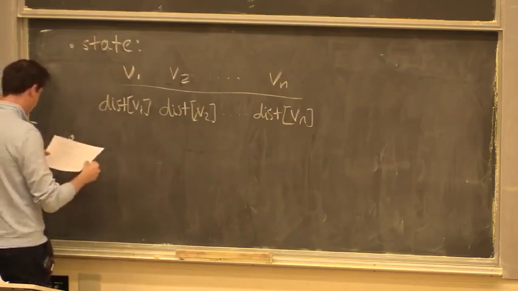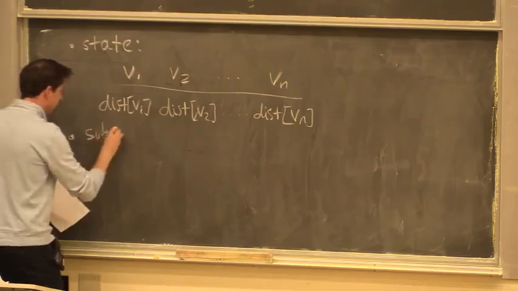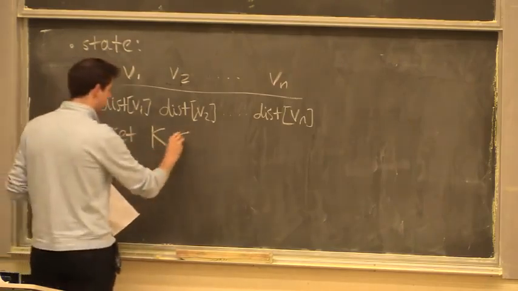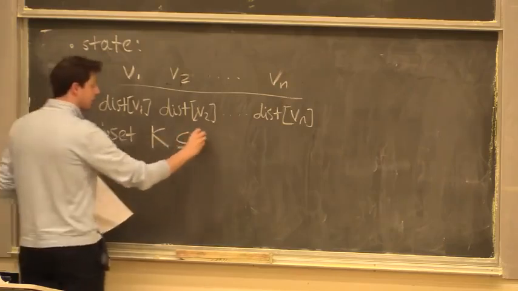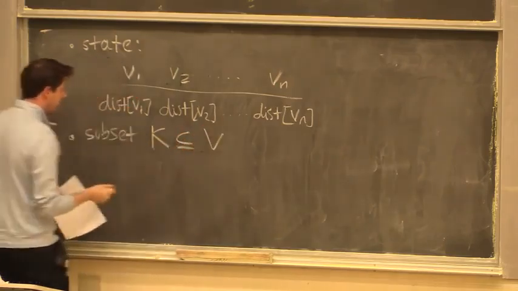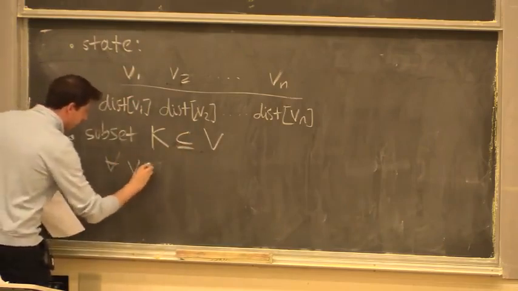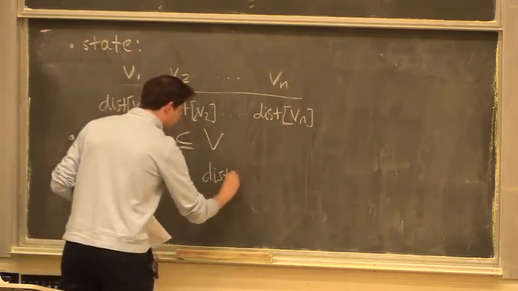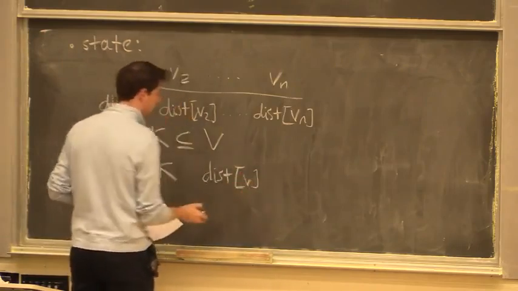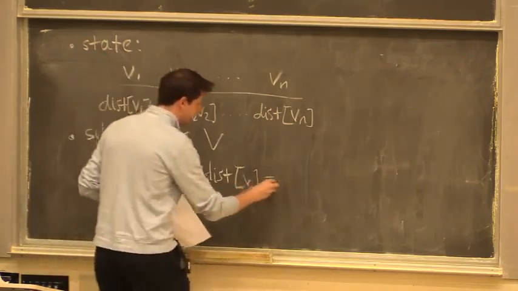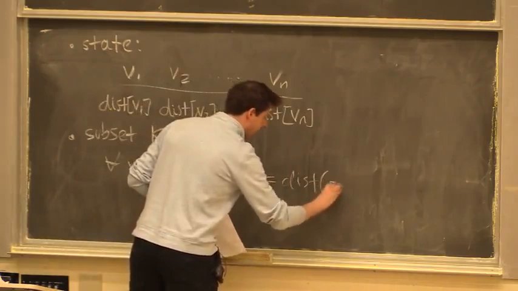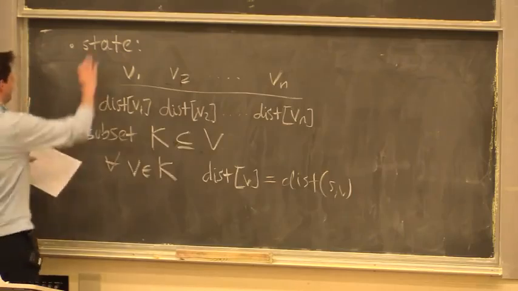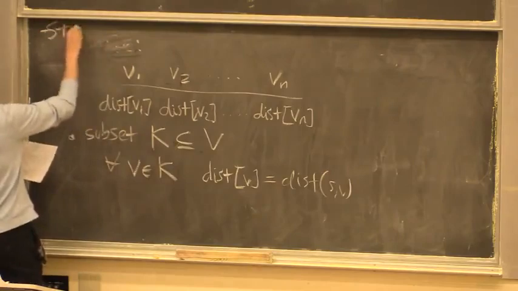We'll also maintain a subset of vertices. Let's call it K for known, okay? English is funny, right? So K for known. And for every vertex in this known region, it will actually be the case that the distance, the number that we store in this array, really is the distance from S to V. Okay, so sorry, I meant to say state applies to both of these things.